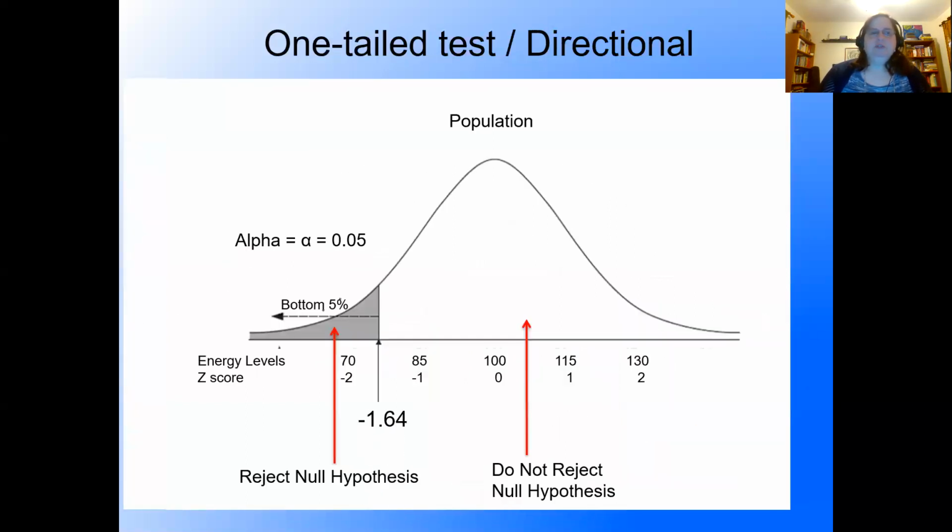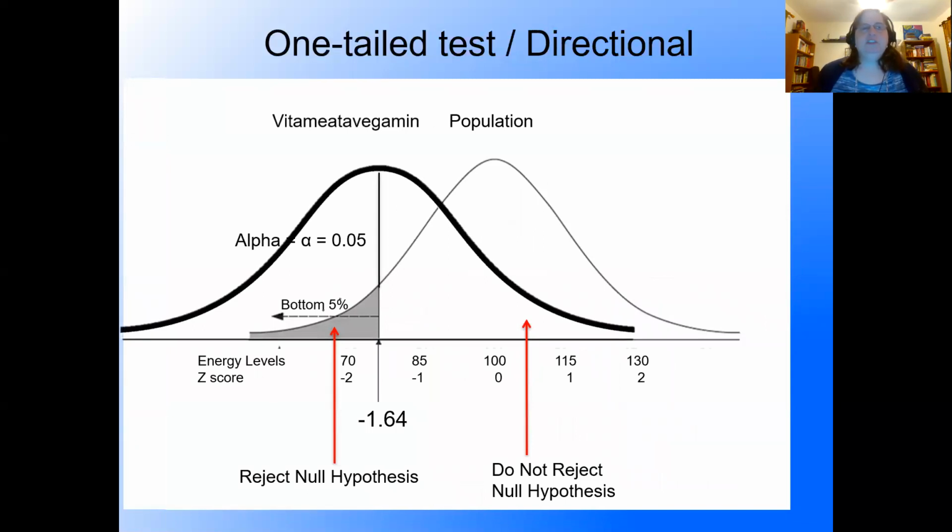Now, let's suppose that we had predicted that vitamin and vegemin is actually kind of dangerous, and we think it's going to produce lower energy levels. Now we're looking for the opposite effect. We're looking for the mean of vitamin and vegemin to fall less than negative 1.64 standard deviations below the mean.